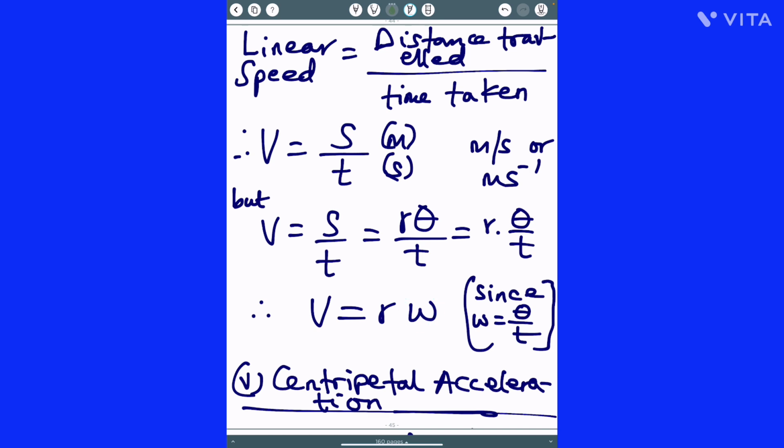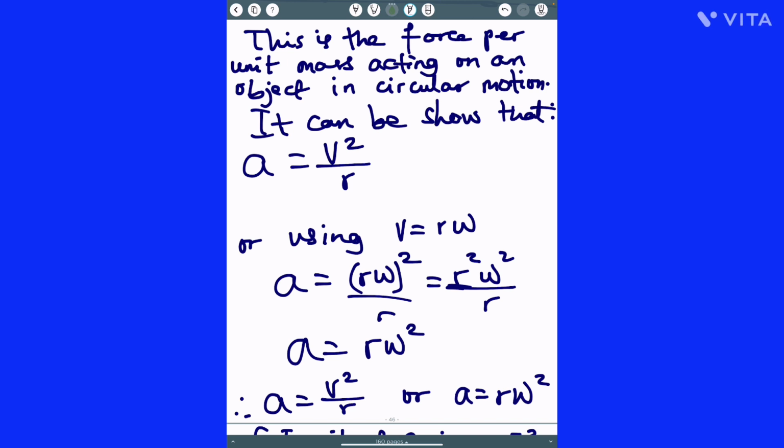Next is centripetal acceleration. Centripetal acceleration is the force per unit mass acting on an object in circular motion. It can be shown that A is equal to V squared over R. So using V as RW, A is equal to V squared over R can be written as RW squared over R. So that's R squared W squared over R. R will cut R squared.